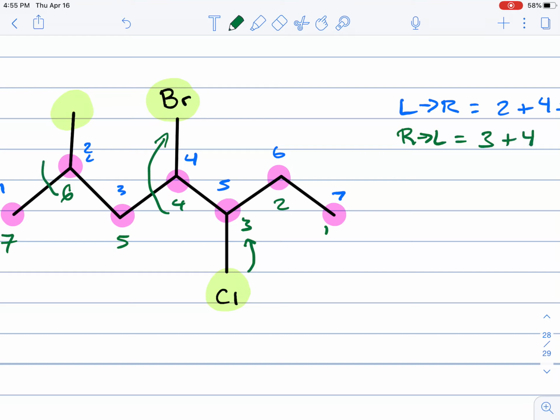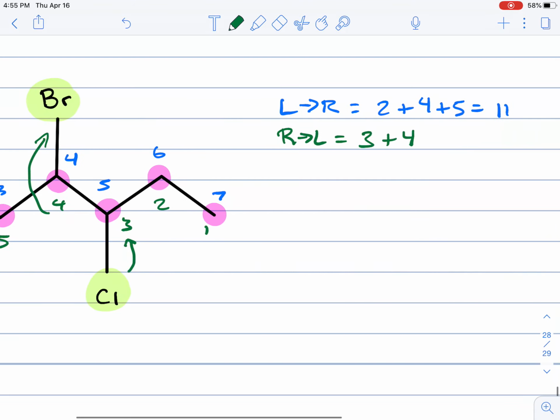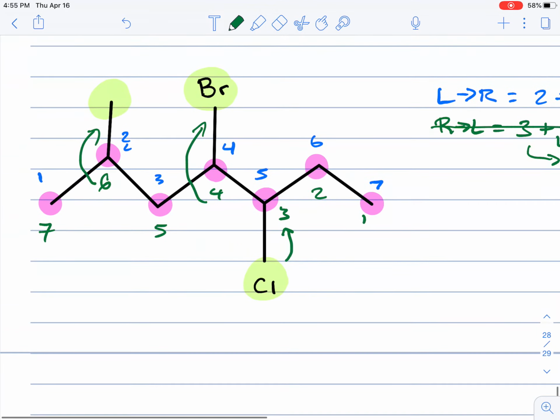And on the sixth carbon, I have another substituent. So let's add this up. 4 plus 6 is 10. 10 plus 3 is 13. Once again, the numbering from right to left gives us a higher value, and that is the incorrect path.